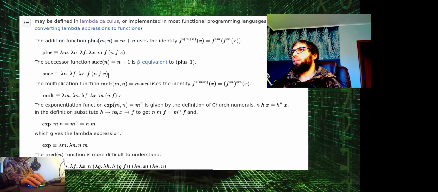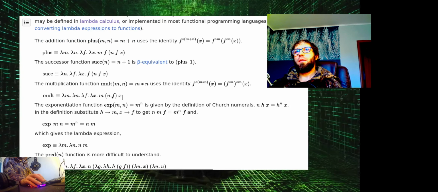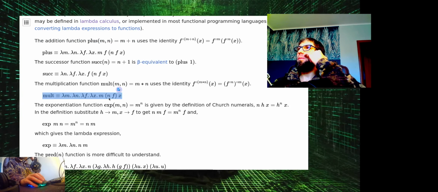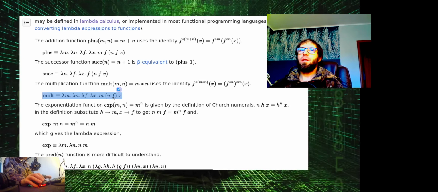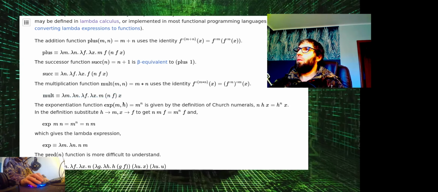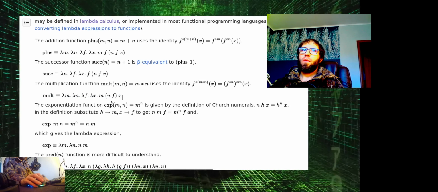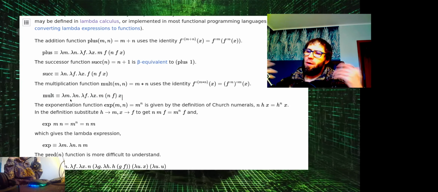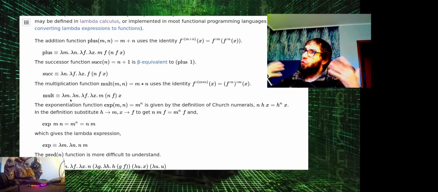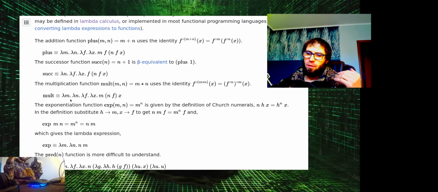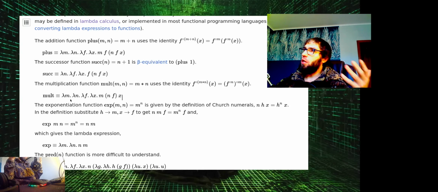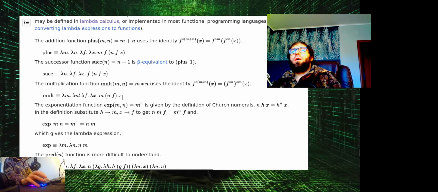How does this work? You can see here this implementation of the multiplication function in the lambda calculus. We need to provide a function which takes two numbers and outputs their multiplication.